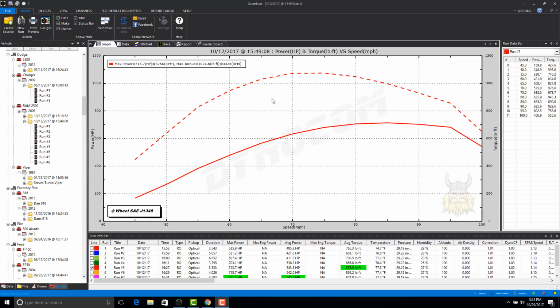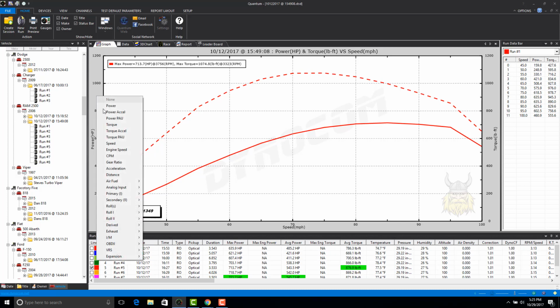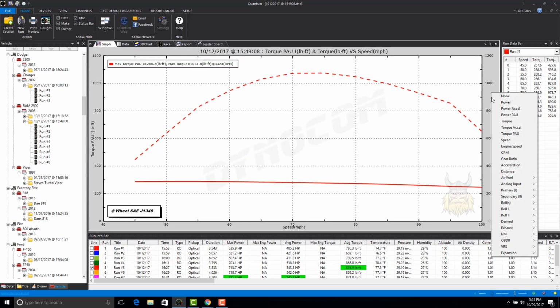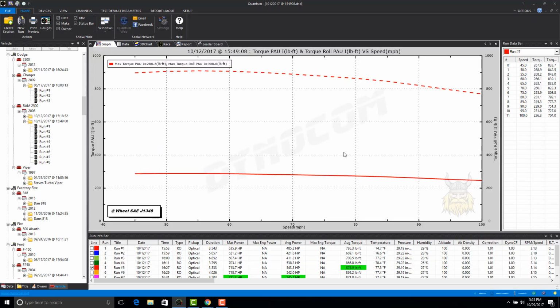This is the familiar diesel Cummins truck. I'm going to go on this axis to primary torque PAU, and on this axis to roll 1 torque roll PAU. The primary torque was 288.3.